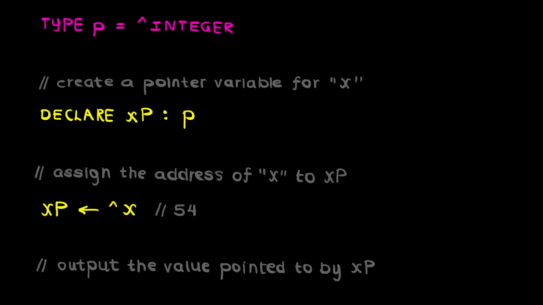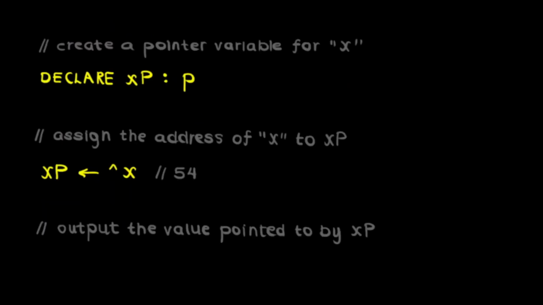So how might I do this? The value pointed to by xp is simply x, right? Because xp is x pointer, it's pointing to x. So technically outputting the value pointed to by xp is as simple as doing output x, where x is simply what xp is pointed to.